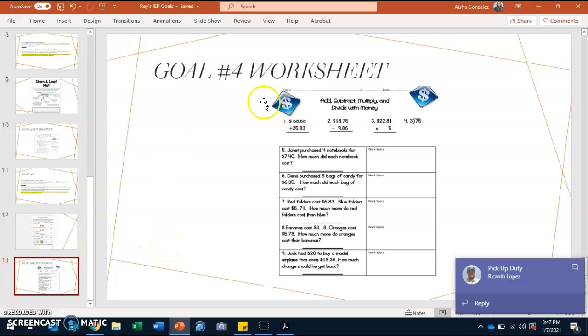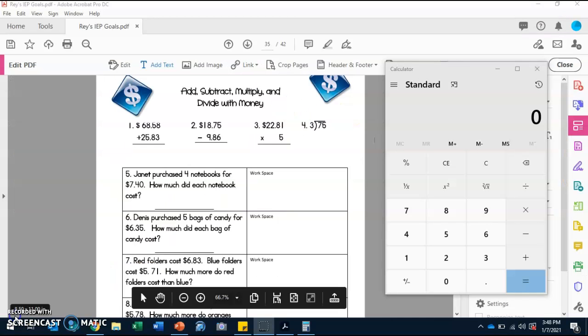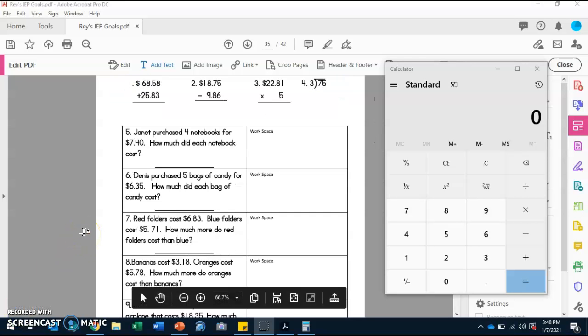And for this goal, we are going to be working on this sheet right here. It is called Add, Subtract, Multiply, and Divide with Money. So if you can please take it out so we can work on it. Okay, Ray, so this is our worksheet for today.